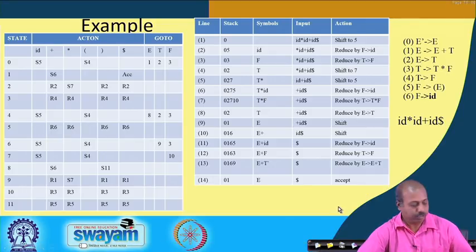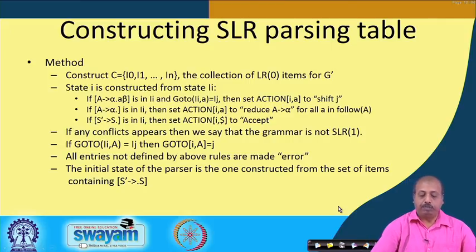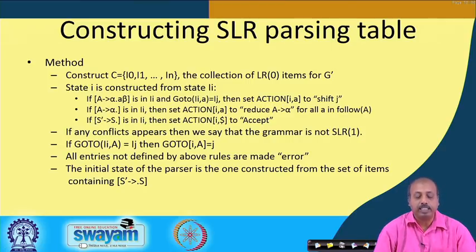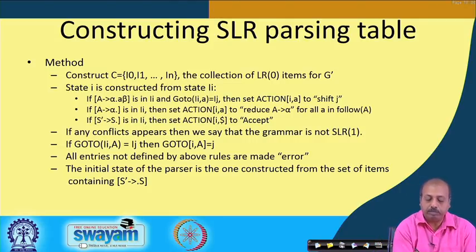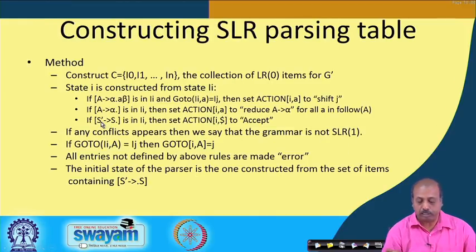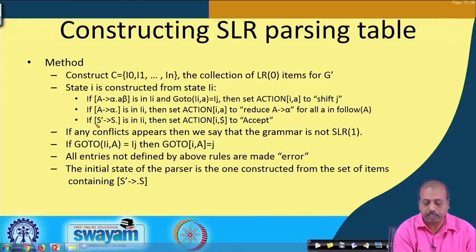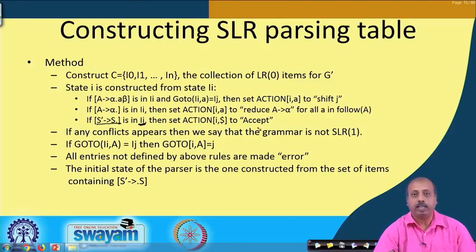Next, particularly for this S' producing S dot, where S is the actual start symbol of grammar G and S' is the start symbol of the augmented grammar G'. If the item S' producing S dot is there, that means we are trying to do a reduction by this rule S' producing S. So, if a particular item has this, then action[I, dollar] is set to accept.